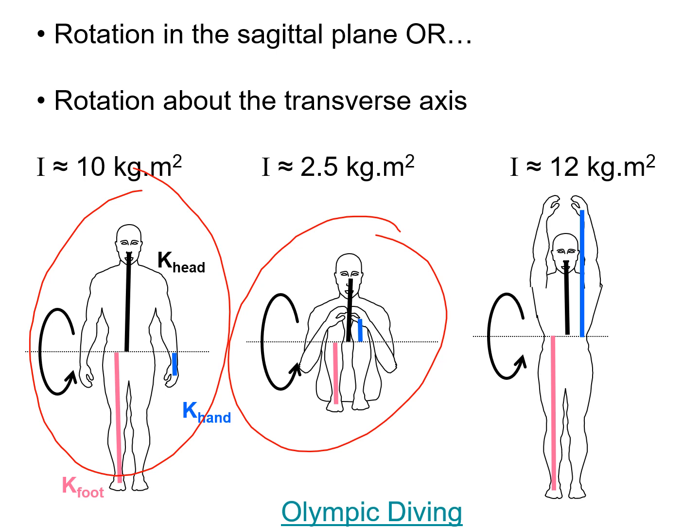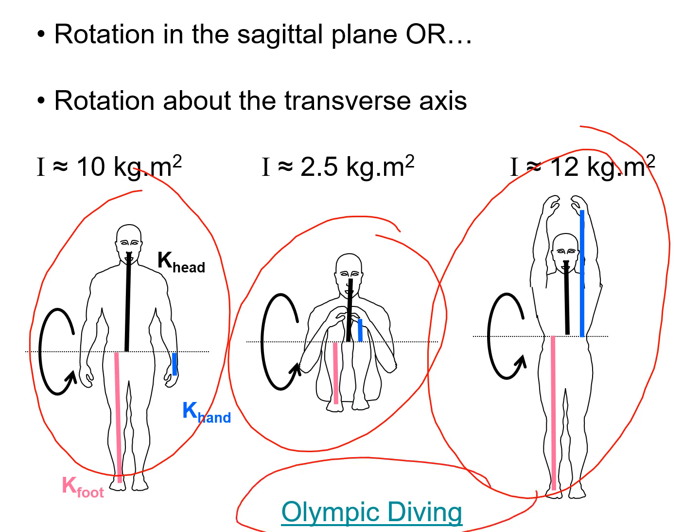However, before they go into the water, they lengthen themselves out so they can slow down and make sure their arms and head enter the water first, so there's very little splash. And there's a nice little video right here that demonstrates that.